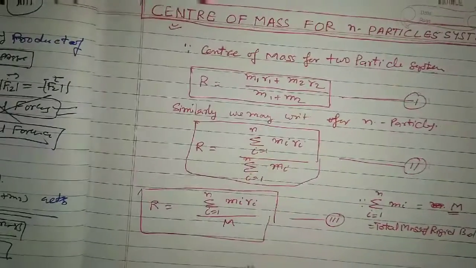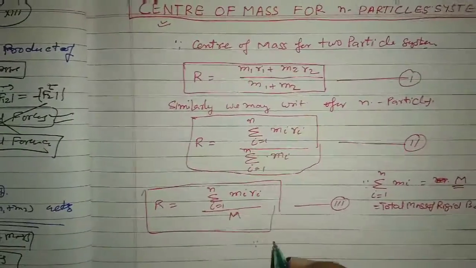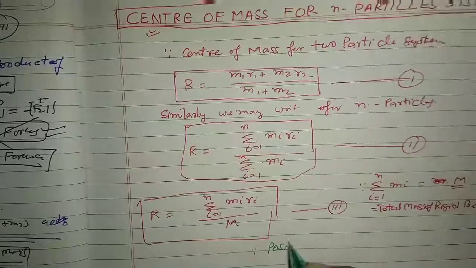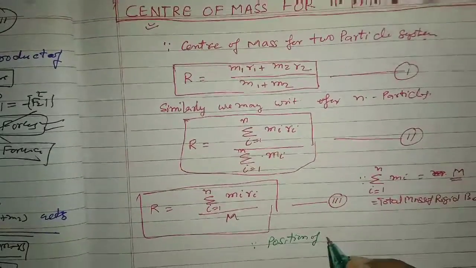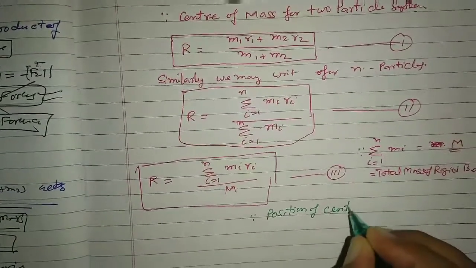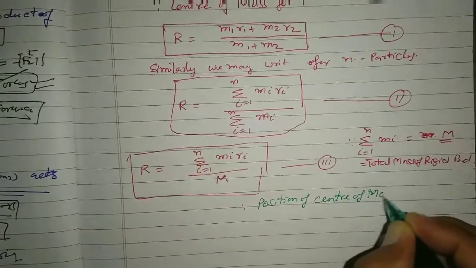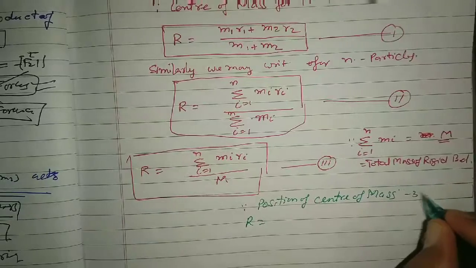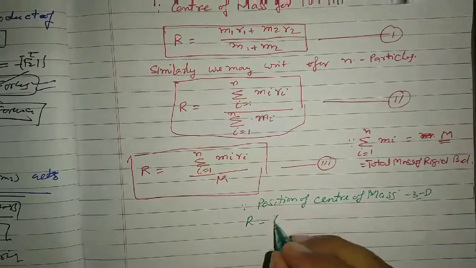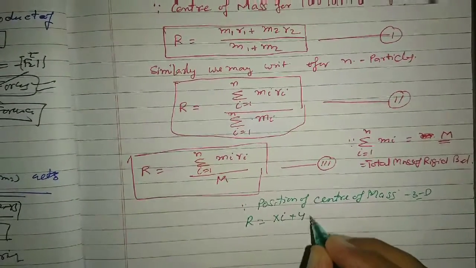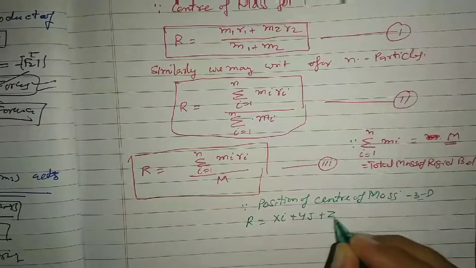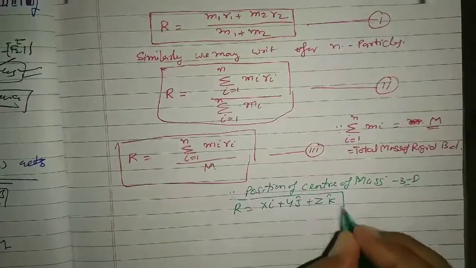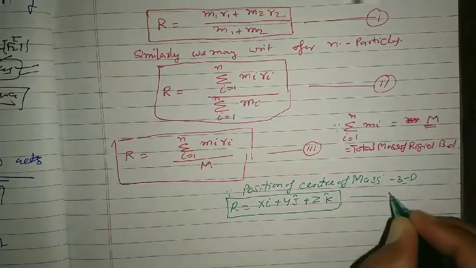Now see, the position of center of mass R can be written in 3 dimensions. In 3 dimensions, R is equal to xi plus yj plus zk, right?